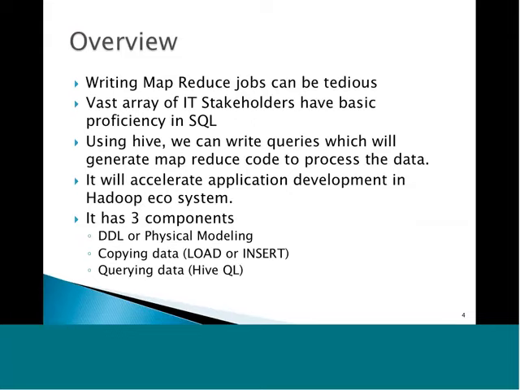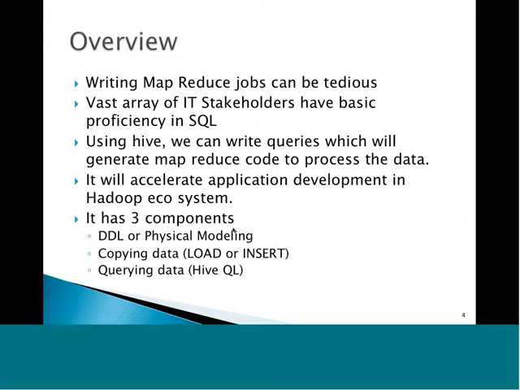And a vast area of IT stakeholders have basic proficiency in SQL. When I say IT stakeholders, they could be programmers, testers, data analysts, business analysts, and management. All of them have proficiency in SQL, so for those kinds of people, they came up with solutions like Hive and Impala.